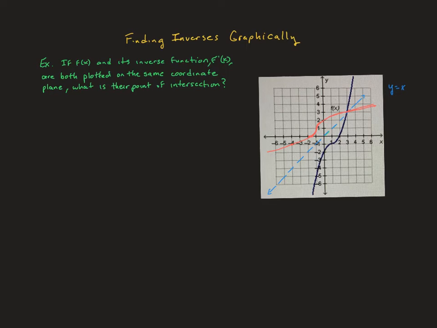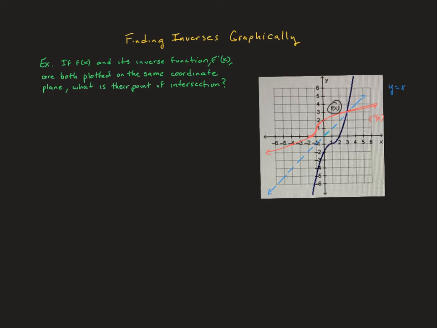So the red function is a reflection over this line of the original function. The black function is going to be f of x. The red function is going to be the inverse function of x.